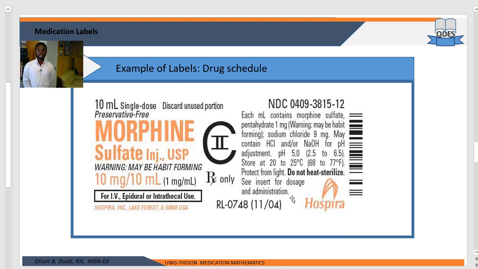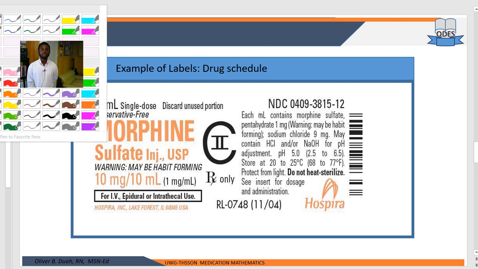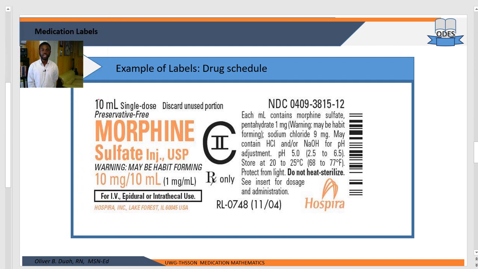Let's consider an example of a drug that is a scheduled drug. This is morphine sulfate, and this is the generic name. The total volume is given over here as 10 milliliters per each vial. The concentration of the formulation is 10 milligrams per ml, which will be 1 milligram per each ml.